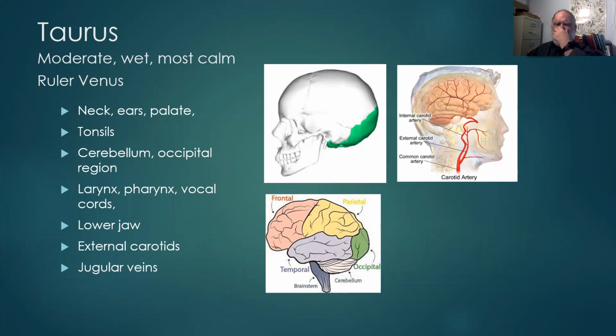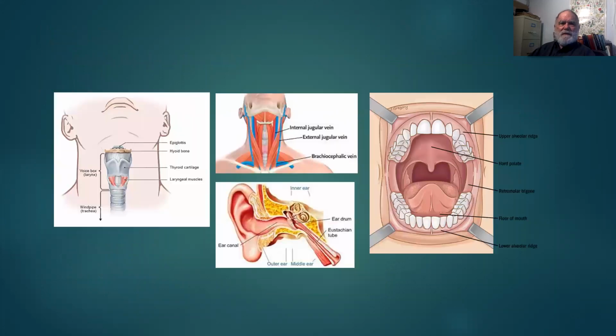And I mentioned the carotids. It's the external carotids. The carotid artery comes up and supplies the face and the jaw. And then the blood that drains from the brain comes down through the jugular veins. This is all Taurus area here.